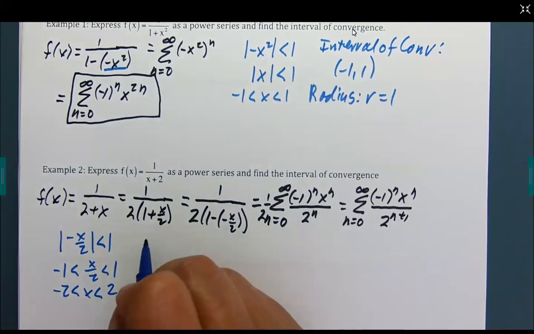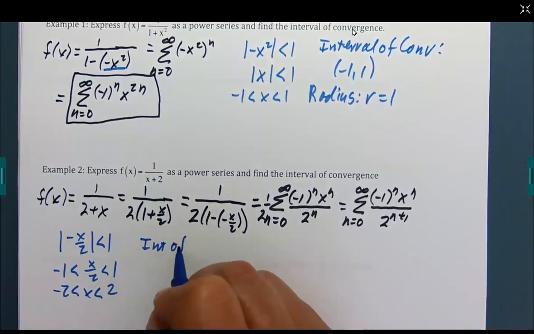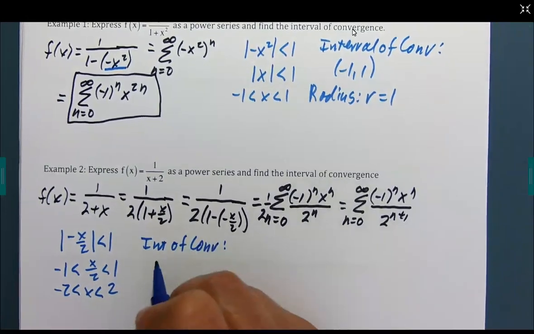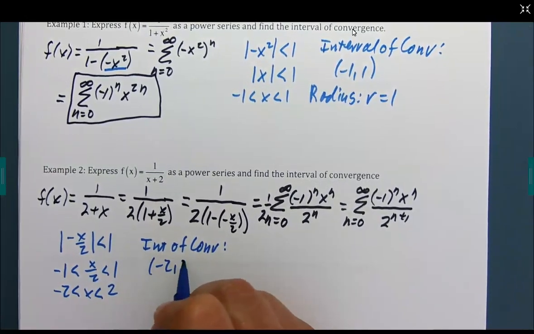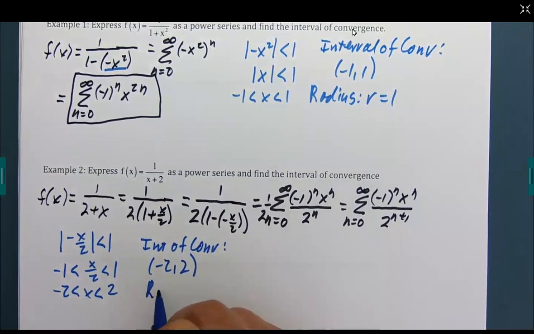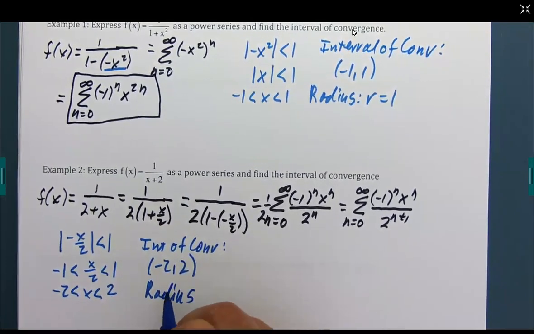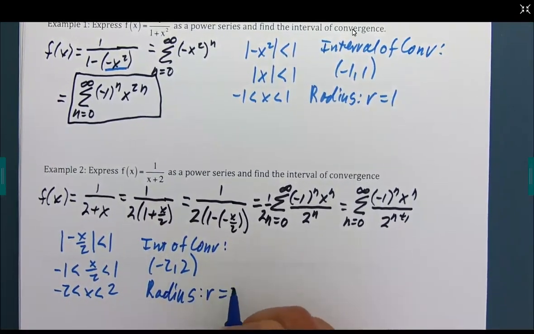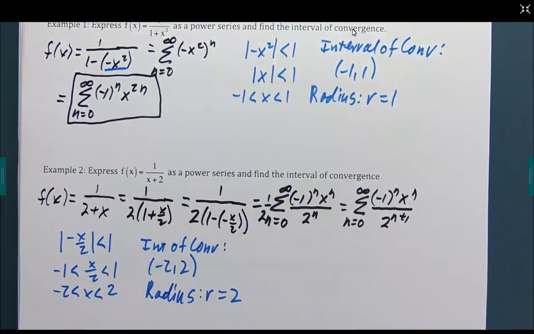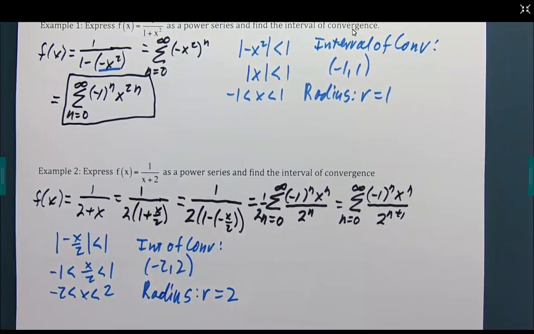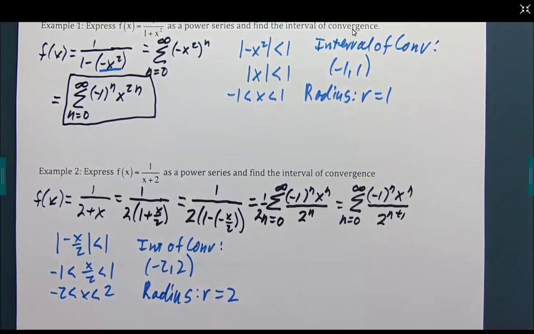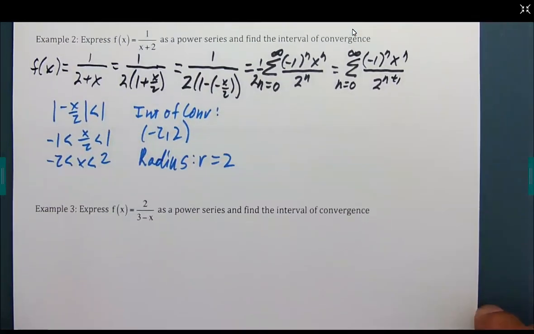So our interval of convergence is -2 to 2. The radius, which it doesn't ask for, but that's okay, is 2 in this case. Not too bad. Just a new way of thinking about stuff.